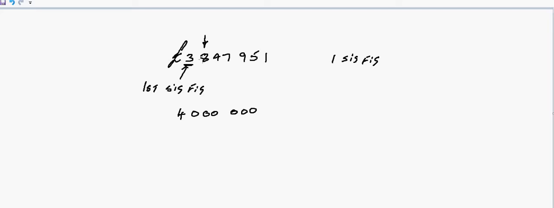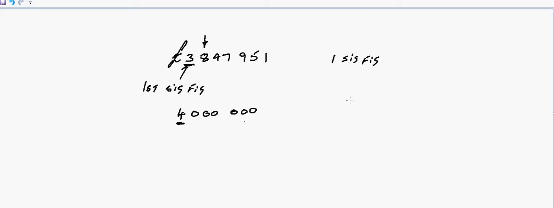So we find our significant figure. You can have 2 significant figures, 3 significant figures, 4 significant figures, but we always go to the next number to decide if we're going up or down. But this number, the 3, becomes a 4, but it must maintain its value, so it can't just be 4, it has to be 4 million.